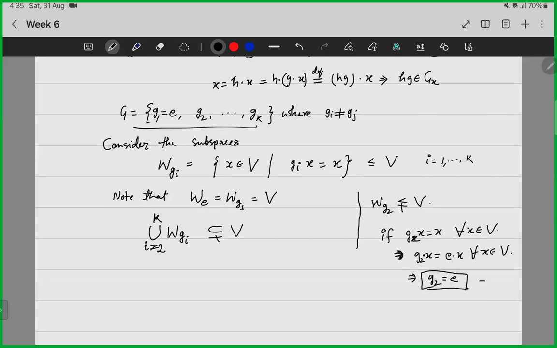But this is not the case. So there exists some x where g2 does not fix it. So this is proper.